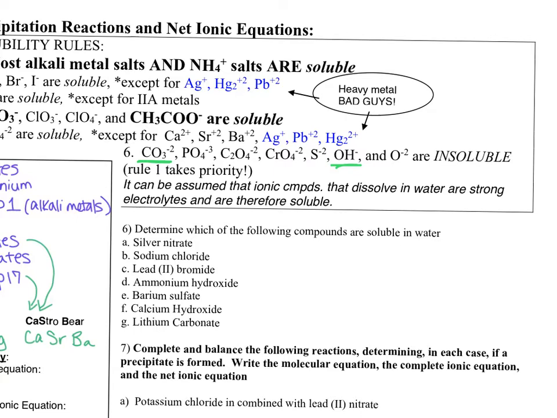For number 6, they are insoluble unless they're with an alkali metal, a group 1, or ammonium. It's kind of backwards. Those make them soluble, but otherwise they're always insoluble.